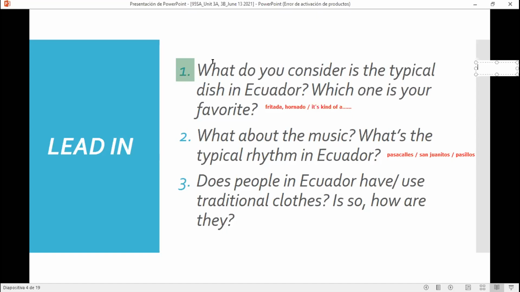For example, anaco, alpargatas, poncho, hualcas. Hualcas, ok. Eso, thank you, teacher, eso es lo que utiliza.